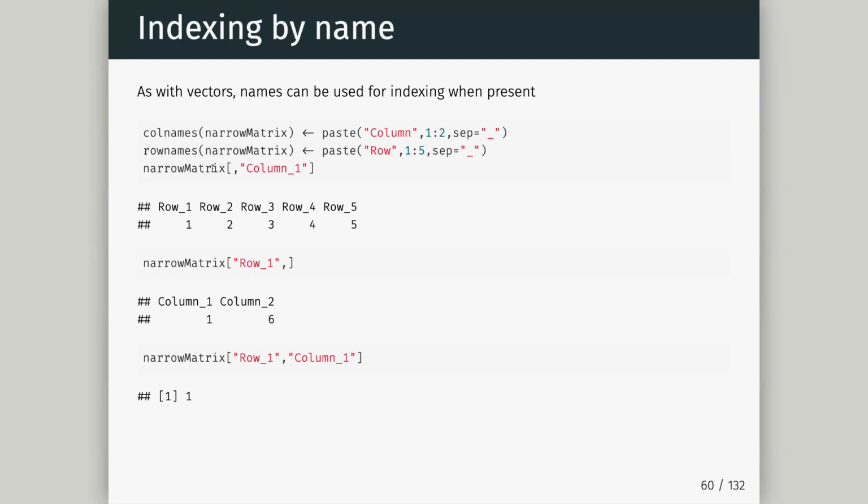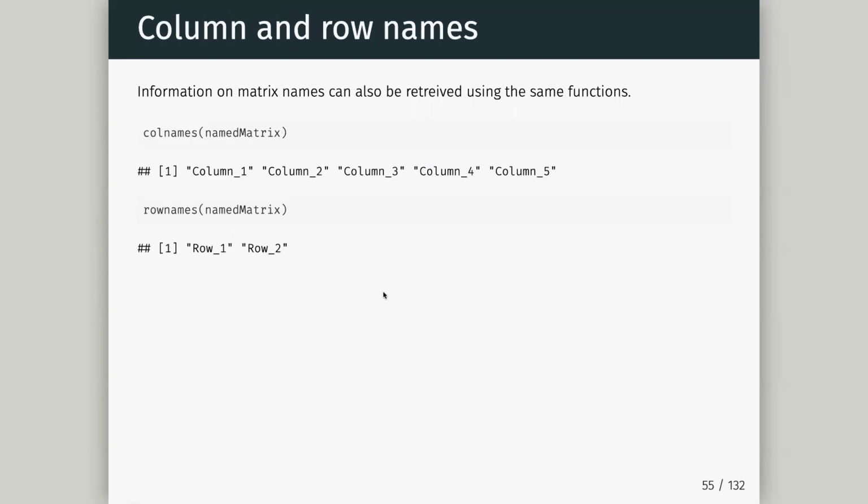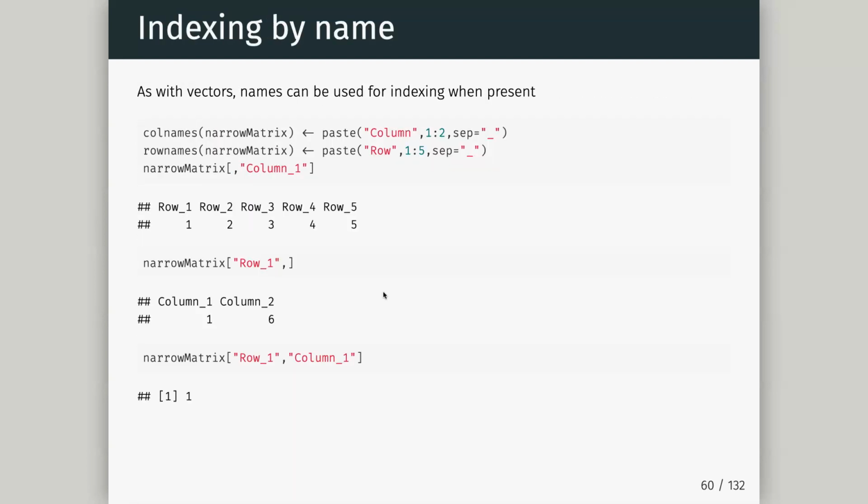Right, so if I have columns and maybe I want to pull out just the first column from my matrix, once I've named them, I can then start to use those column names to pull out results. So here I'm going to pull out the first column. It's from a narrow matrix, so there's 2 columns there. And it pulls out the vector containing the values of the first column. Notice it still gives me the row names, but now as standard names to my vector.